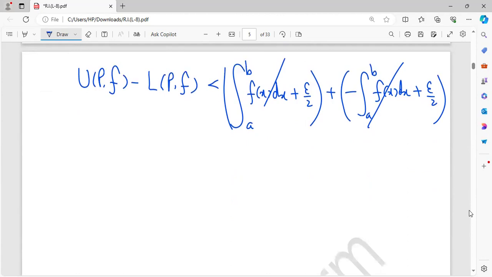What is this? This is epsilon by 2 plus epsilon by 2, that is epsilon.